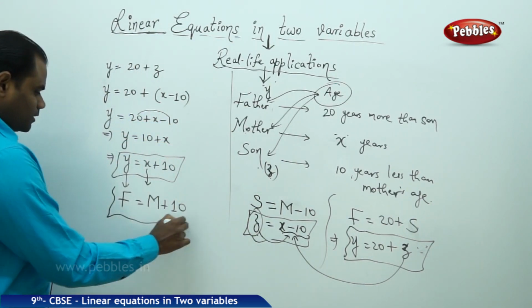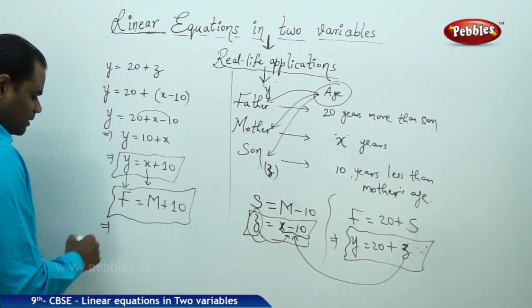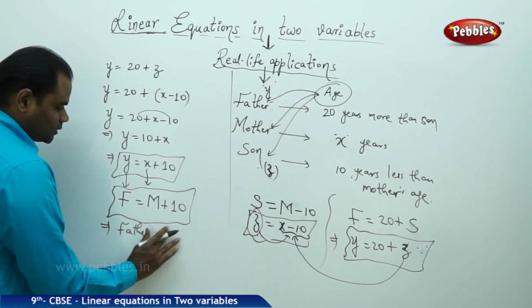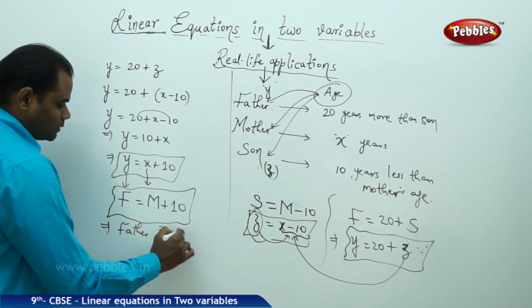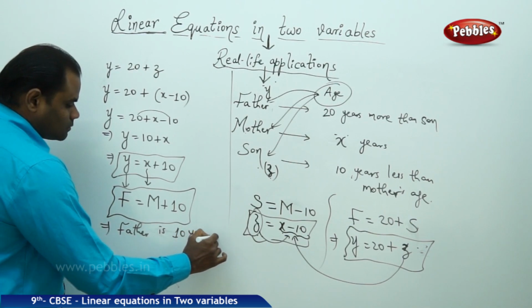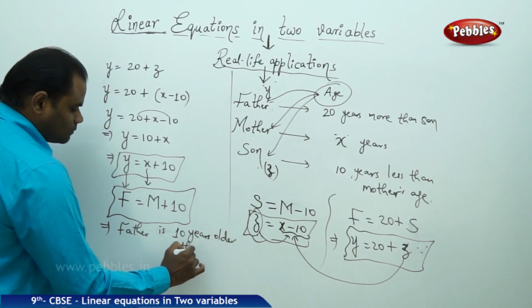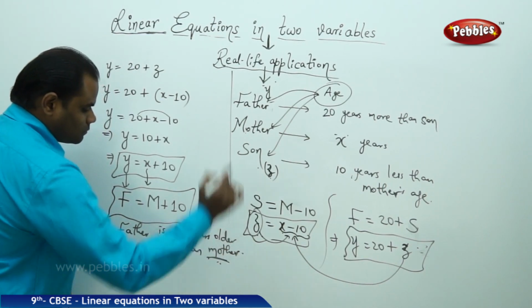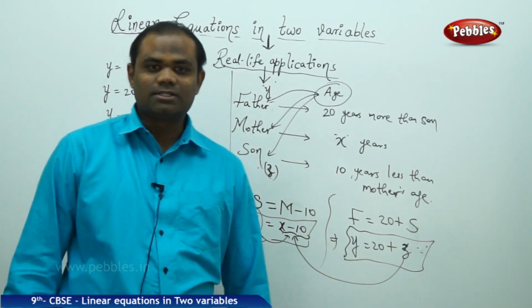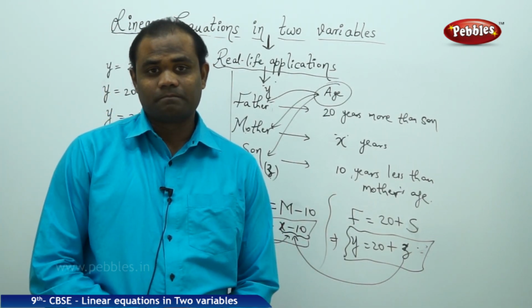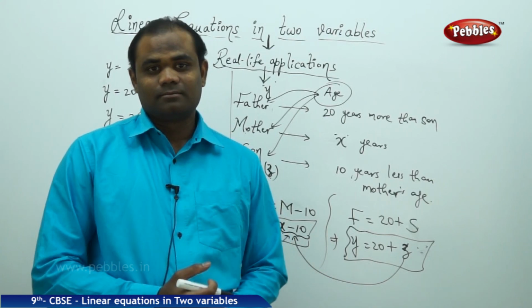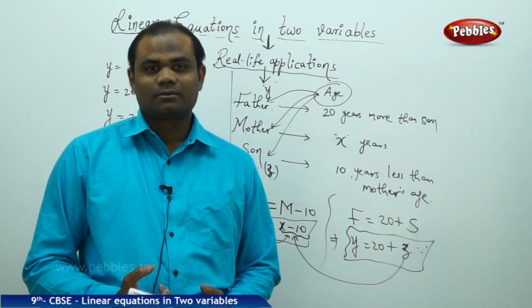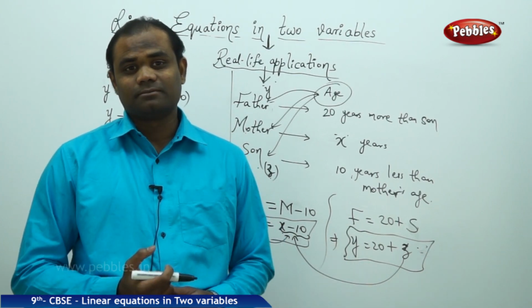So therefore, with the equation x and y, I make a relation that implies father is 10 years older than mother. A 10-year difference between mother and father, connected with a real life situation.